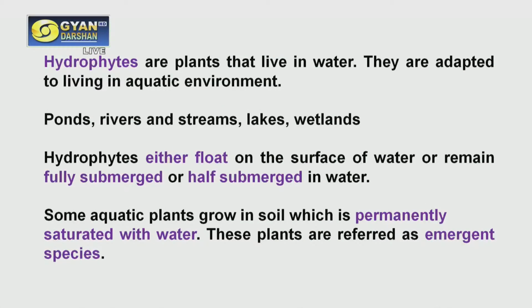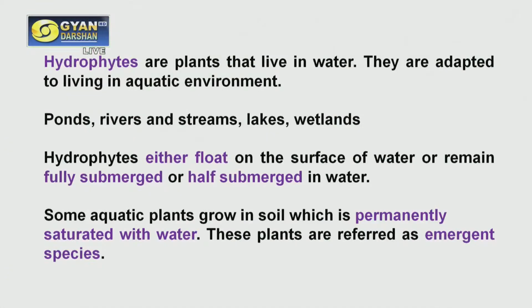There will be different groups of hydrophytes: certain hydrophytes are totally immersed, certain hydrophytes are floating, and certain hydrophytes are half submerged and half aerial, with certain parts remaining above the water surface and certain parts below it. So depending on whether they are fully submerged, partly submerged, or aerial, that is present above the water surface, there are differences in the adaptive features.